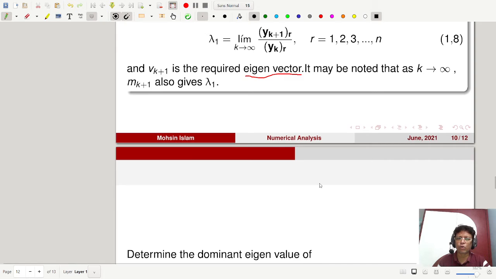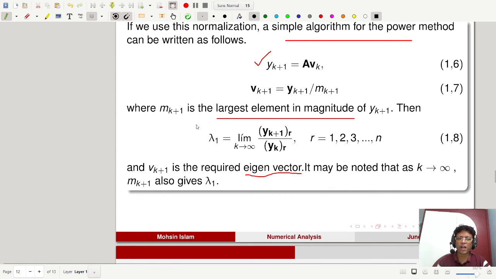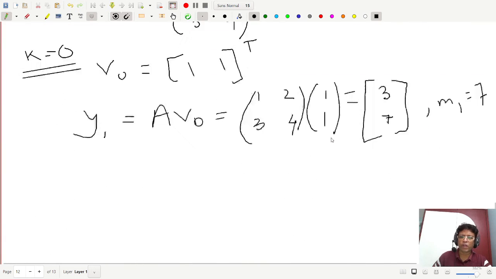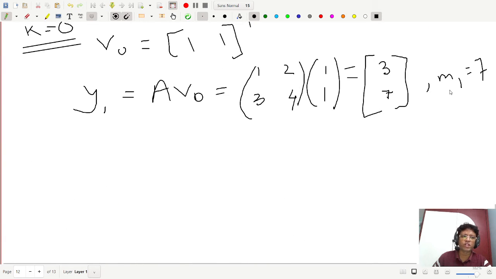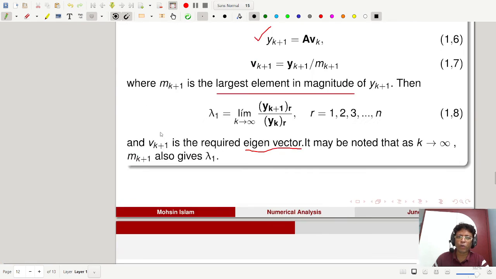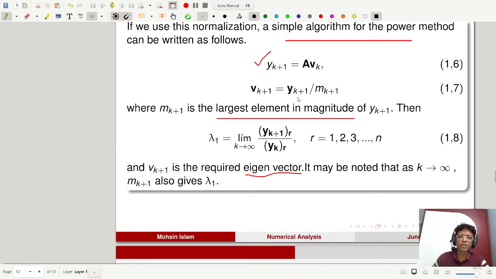m(k+1) is the largest element in magnitude of y(k+1). So this is your y1, and in y1, m1 is 7 because 7 is the largest magnitude. Now you will write v1. Look at the formula: v1 is y1 by m1.